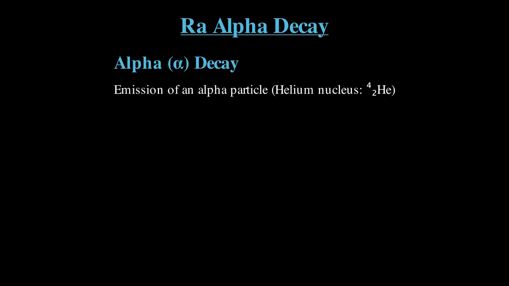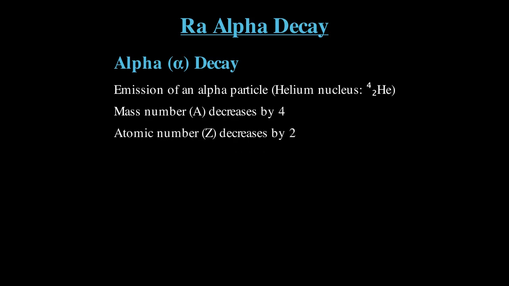In alpha decay, an unstable nucleus emits an alpha particle. What's an alpha particle? It's essentially a helium nucleus with 2 protons and 2 neutrons. This means the parent nucleus loses a mass of 4 units and a positive charge of 2 units. For example, radium-226 decays into radon-222 by emitting an alpha particle.